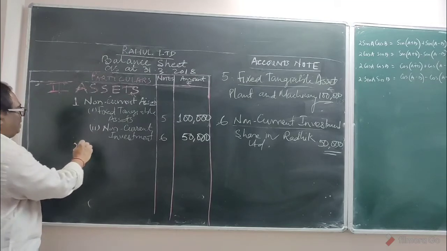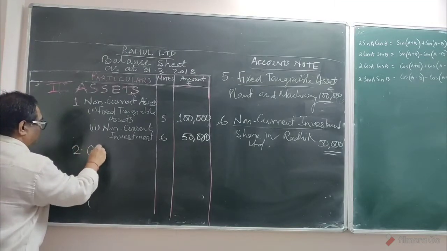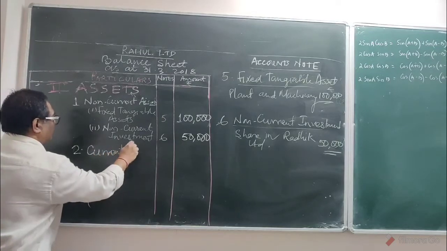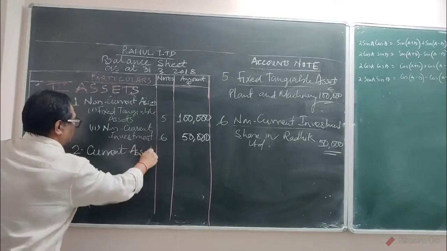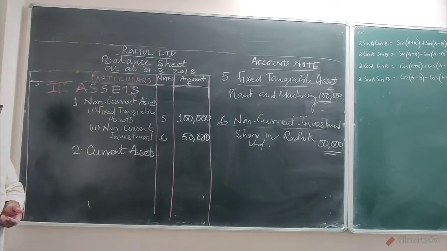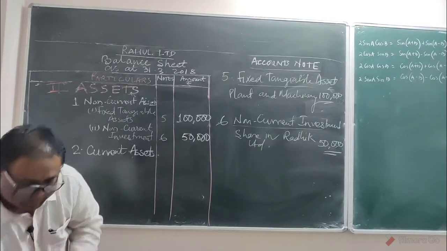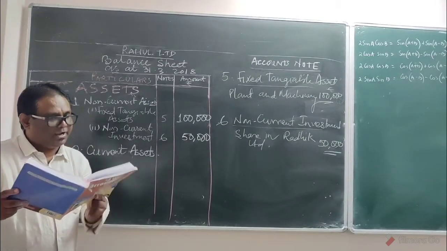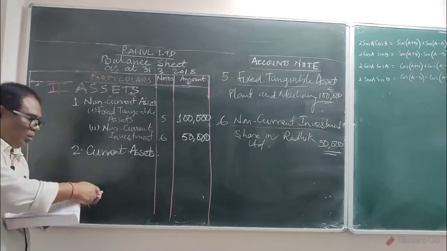Next is current assets, which is a major heading. So inside this, what are the items that are the current assets here? Inventories are given directly, so there is no need to show them in the working note.